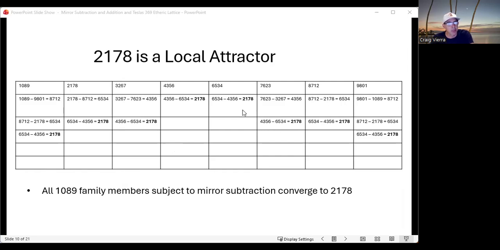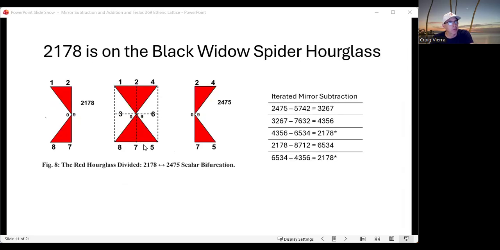But this number is playing out here in the mathematics, and is the second shell, and I'm saying it's acting like a local attractor, because the other 1089 multiples on iterated mirror subtraction are being attracted to that specific number.